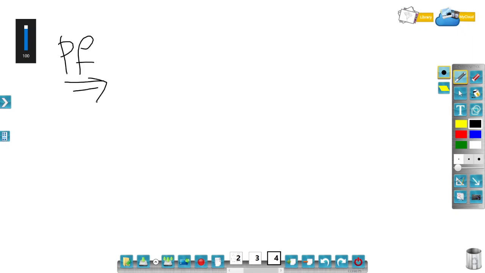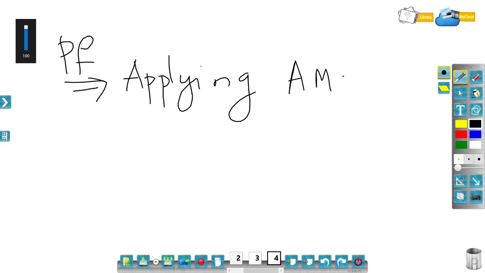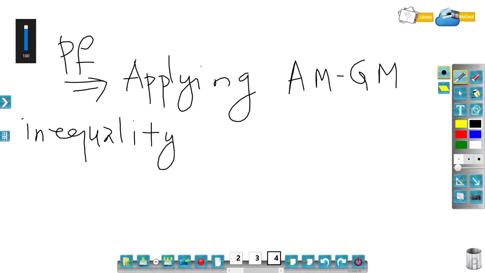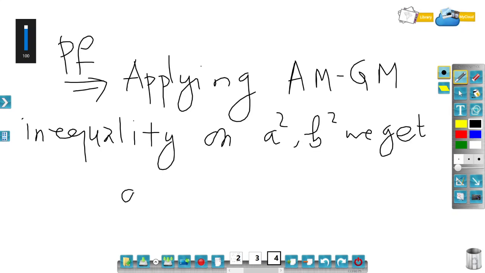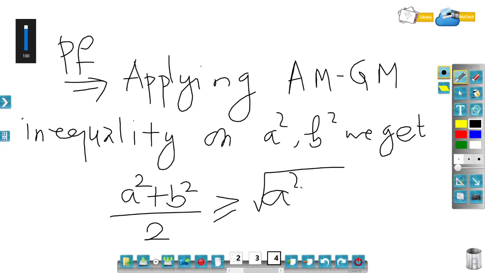Applying the AM-GM inequality on a square, b square, we get a square plus b square divided by 2 is greater than or equal to the square root of a square b square, which is ab. We number this as 1.